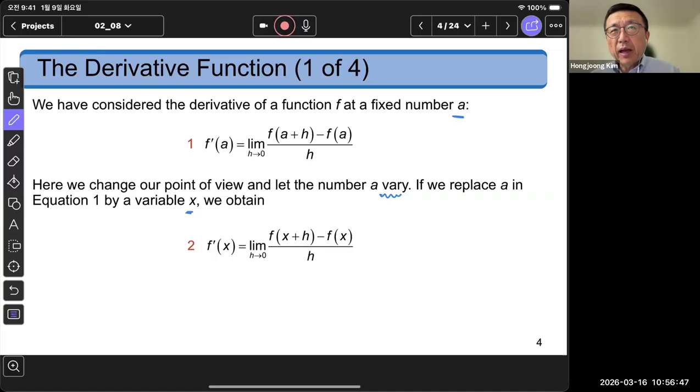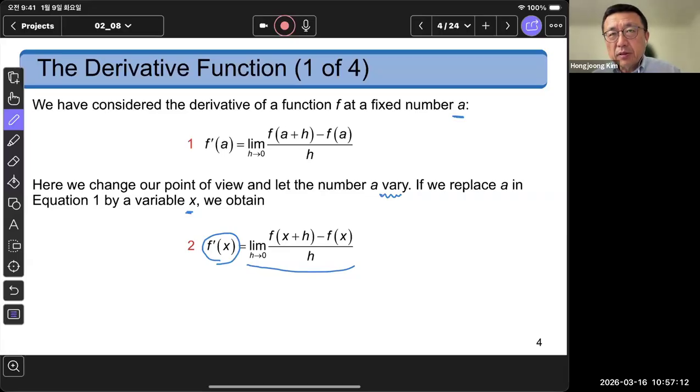So if I plug in x to the right-hand side of this expression, f of x plus h minus f of x over h, and then you let h go to 0. If that limit exists, okay, then I have f prime of x. So in other words, I'm just considering a certain function, a certain mapping.